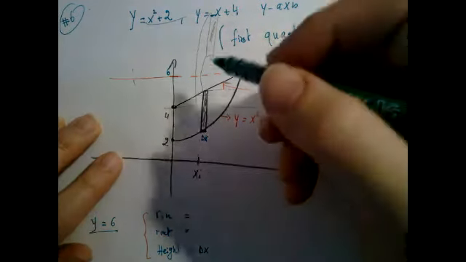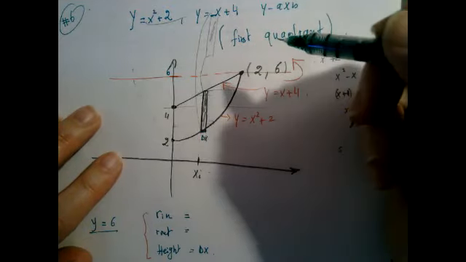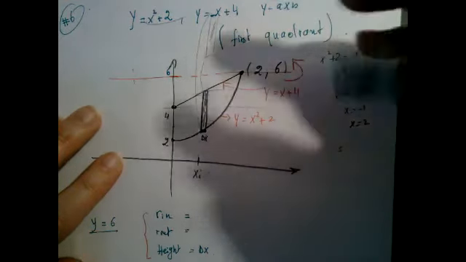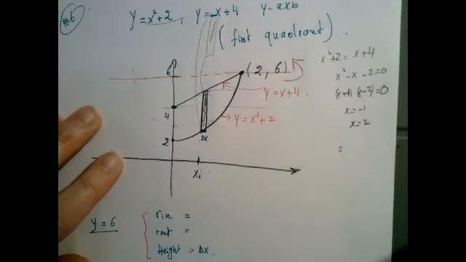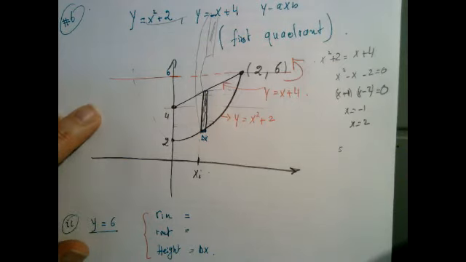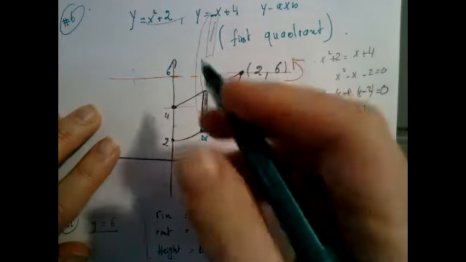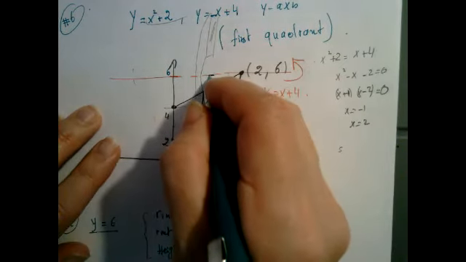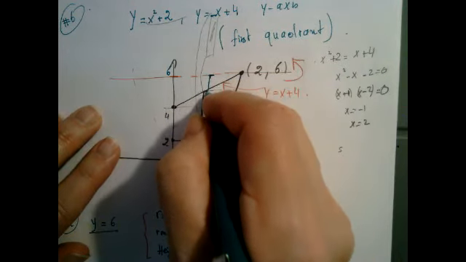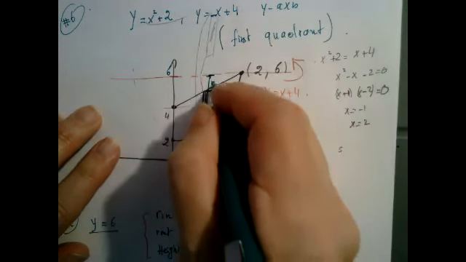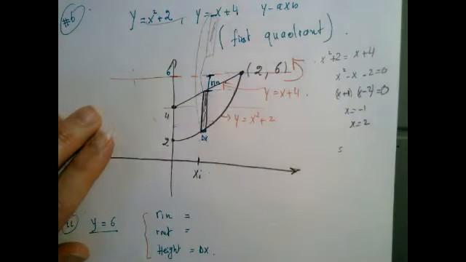Is it 6 minus x plus 4? In words, it means don't tell me the formula. It's from where to where? From y equal to 6 to the line. Is it correct?